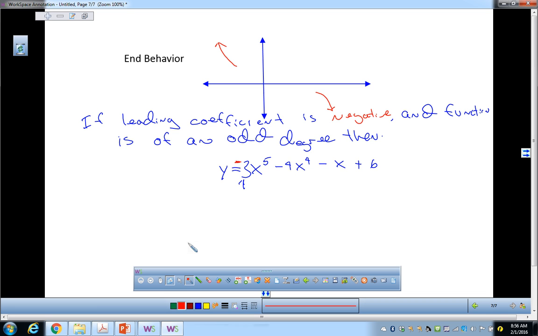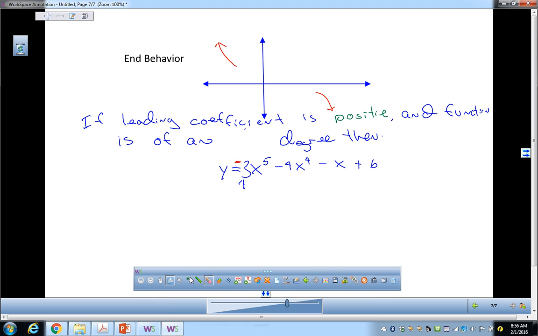Okay. Can I change some things on here? What if the lead coefficient is positive? I'm going to do more colors. Okay. Lead coefficient is positive, and the function is of an even degree.